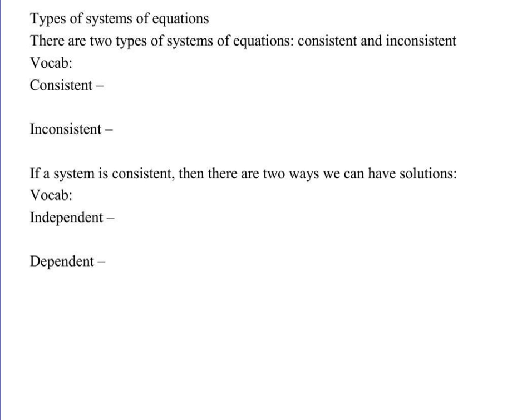If a system of equations is consistent, then there is a solution. If there's a solution, if I'm graphing these, then that means that the two lines cross. If it's inconsistent, then there is no solution.